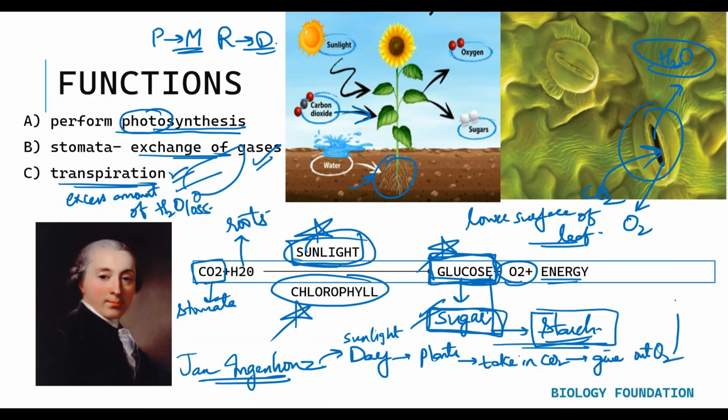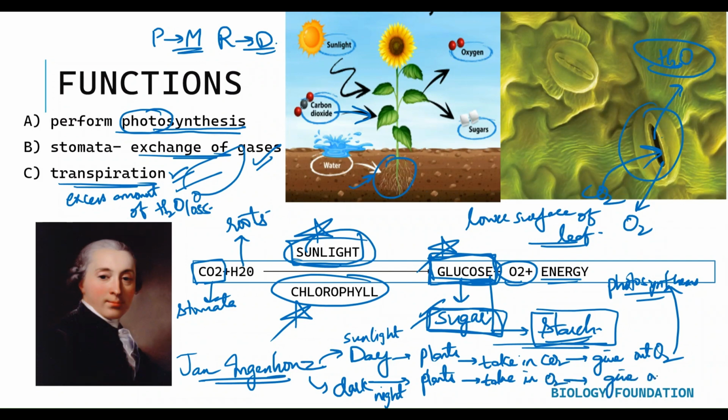And this process is what we call photosynthesis, right? And he said during the dark or night time, when there is no sunlight, plants take in oxygen and give out carbon dioxide, and this process is called respiration.